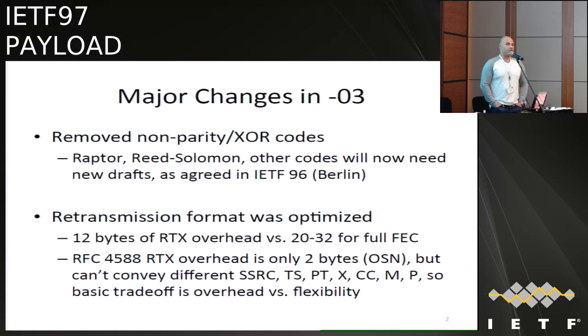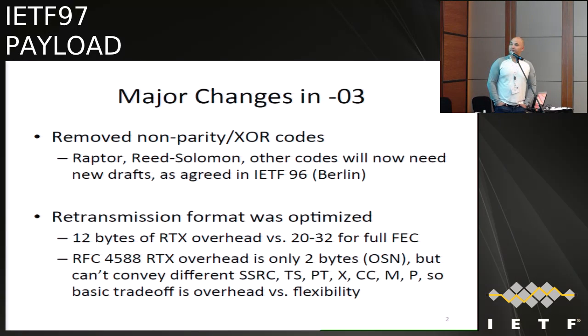You could cover multiple RTP streams. You can have different header extensions on the FlexFEC packets versus the original packets. And you can have SSRCs that are different between the repair stream and the original stream. And all of those things would not be possible if we collapsed all the way down to the 4588 format.